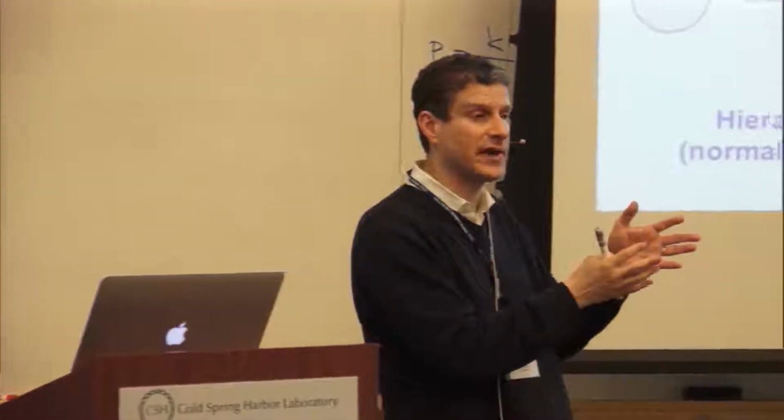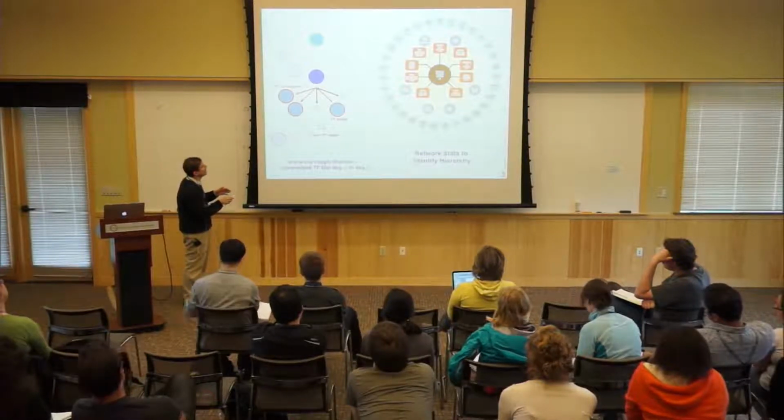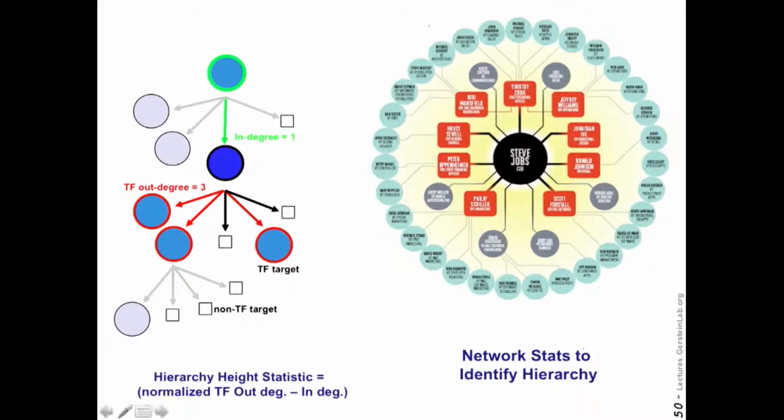Let's just stay within the realm of regulators, or transcription factors. For each transcription factor, how many things regulate it? That's its in degree from other transcription factors. And how many other transcription factors does it regulate? That's its out degree. And we can build a little statistic that talks about how much larger the out degree is relative to the in degree.